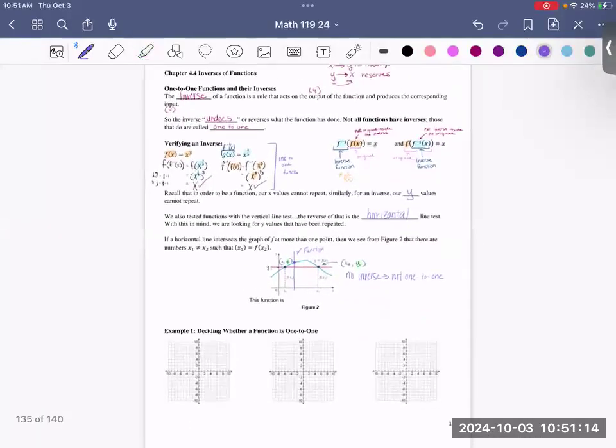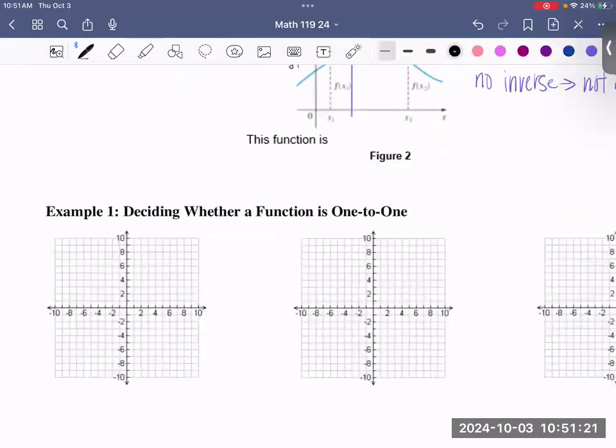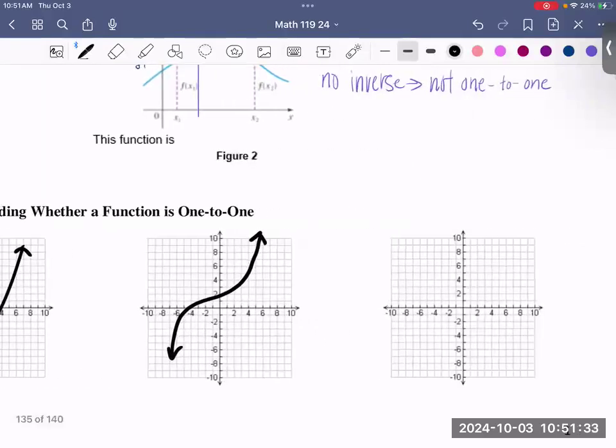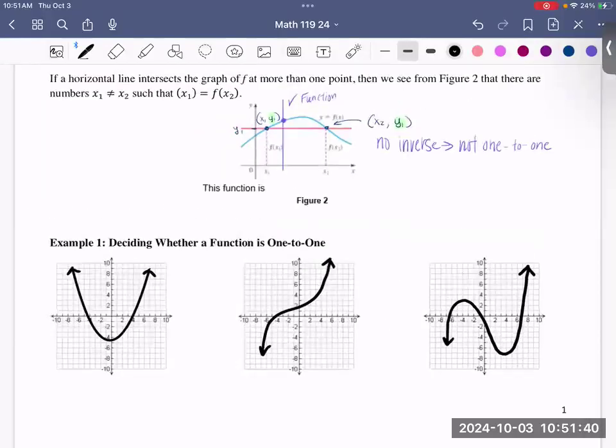So I'm going to draw a series of graphs, and I would like you to determine if this will have an inverse, if it is 1-to-1. All right, pause the video, see if you can determine, is this going to have an inverse, therefore considered 1-to-1?